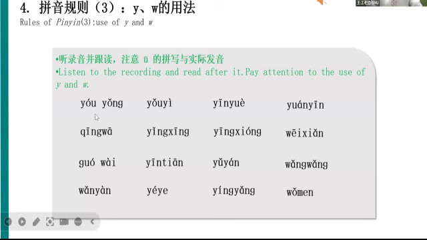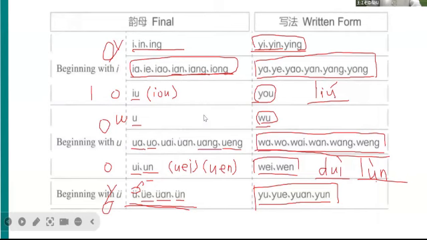Pay attention to the use of y and w. Okay, so have you got it?